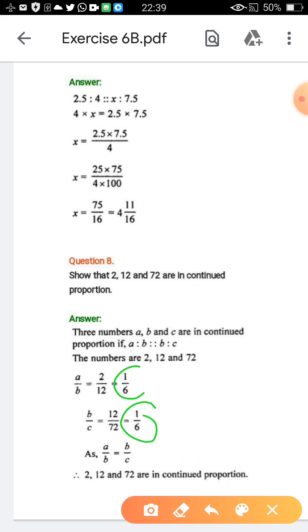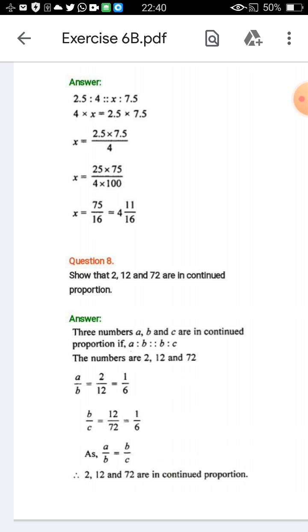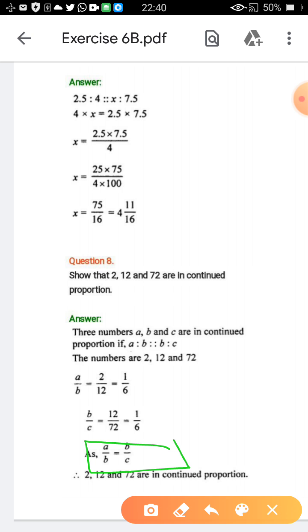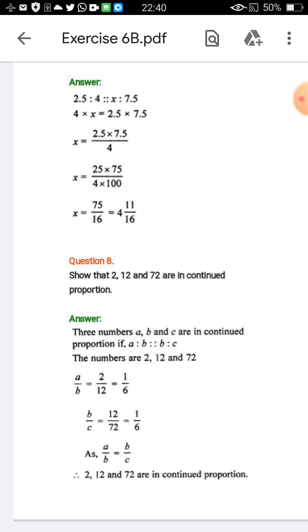So we got 1 upon 6, and both are equal. So we can state that A upon B is equal to B upon C. That means A has to B is equal to B has to C. Therefore, these numbers are in continued proportion. Okay, thank you.